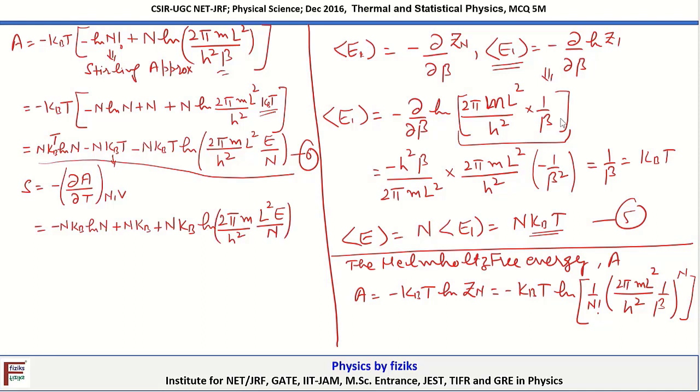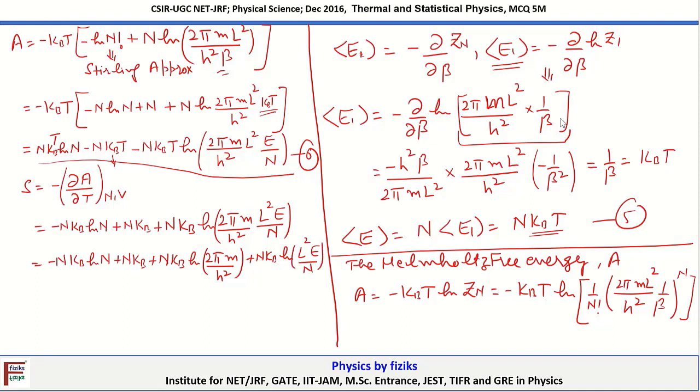Okay, and this can be further rewritten as minus n kB ln n plus n kB plus n kB ln 2 pi m upon h square plus n kB ln L square E upon n.